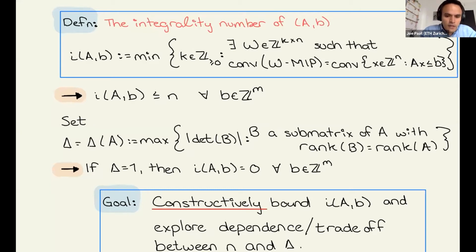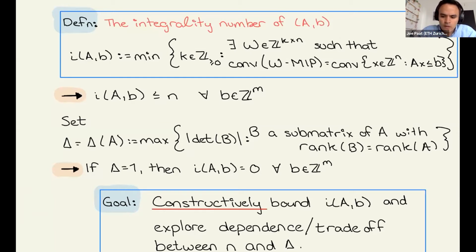And as I underlined here, I'd like to do this constructively. In the future, we would like to see how computationally effective our relaxations are. And even Robert has interest in this. And if Robert's interested in computational results, then you know it must be interesting.